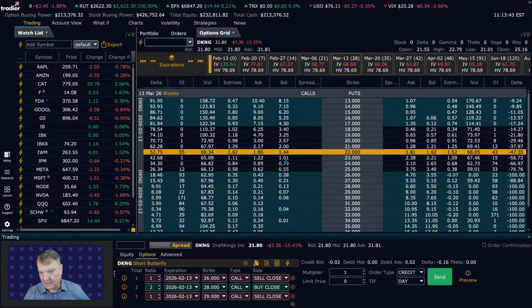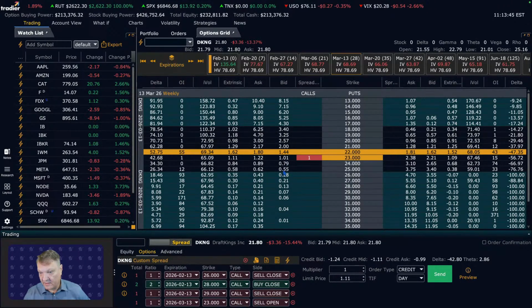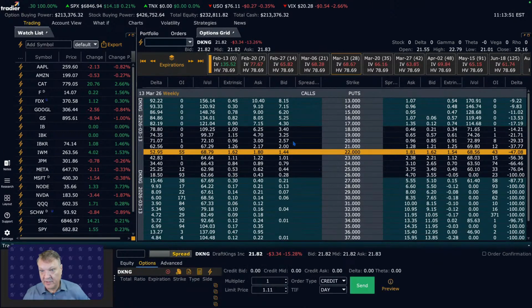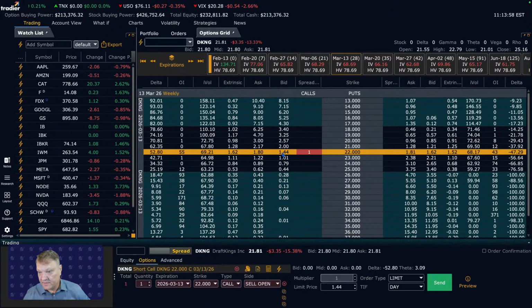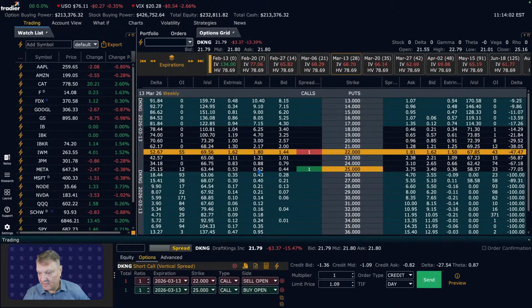That's not too bad. Let's look at that trade now that it's all said and done. I'm going to sell the 23. We're right at, let's sell the 22. So it's 21.80. Sell the 22, buy the 25.